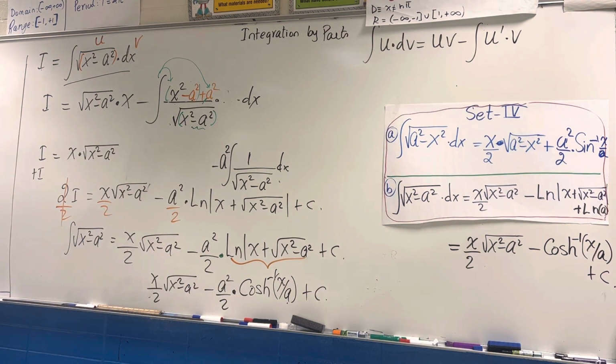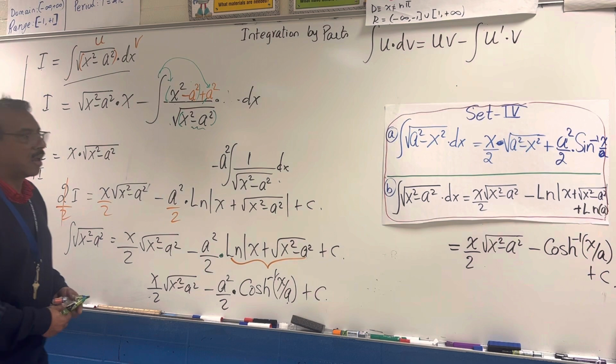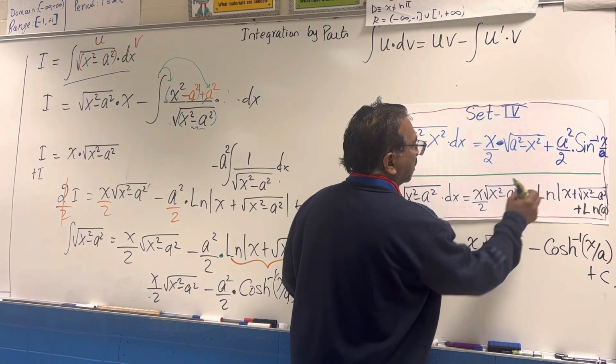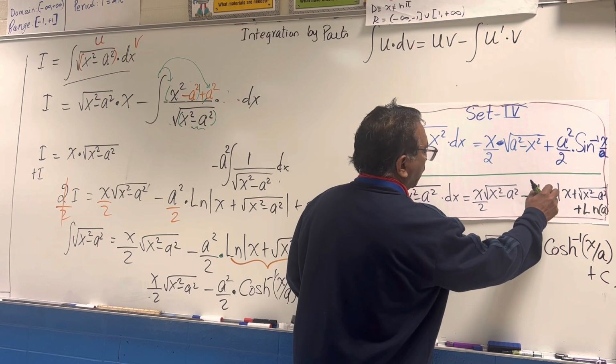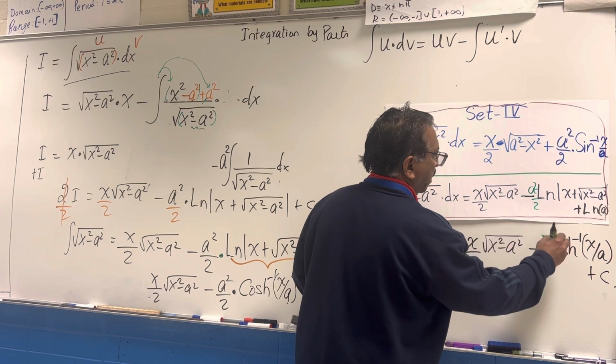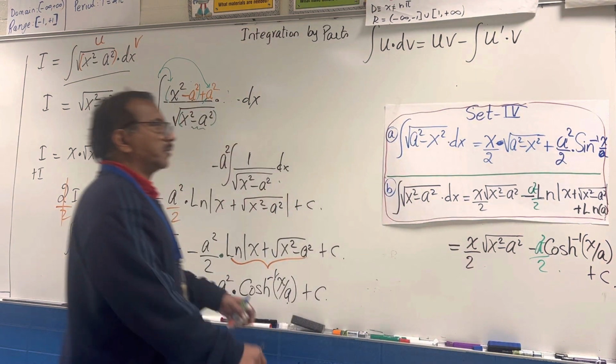That's all it is. So hope this helps. I think I missed this part here, a squared divided by 2. Okay, by a squared divided by 2, there you go.